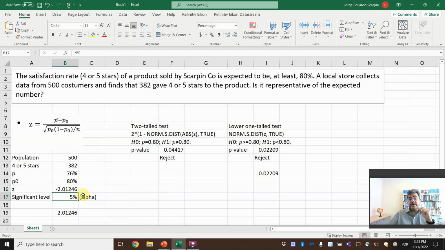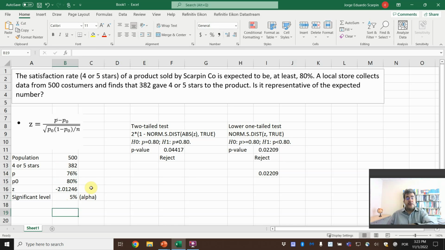And z, remember, can be positive or negative. How do we know that? If our proportion is lower than the hypothesized, it will be negative. If here it's 84, then it would be positive.